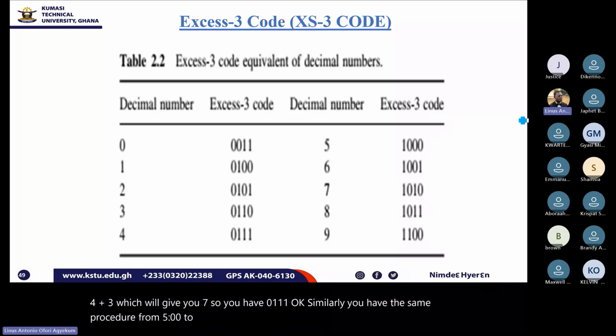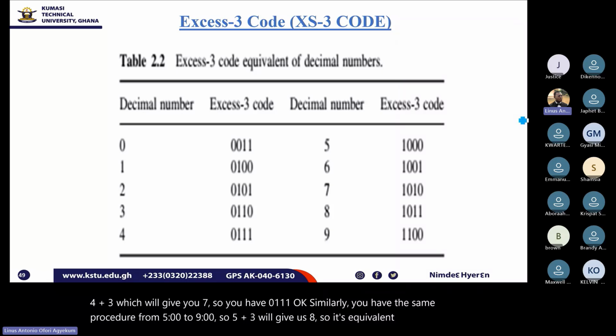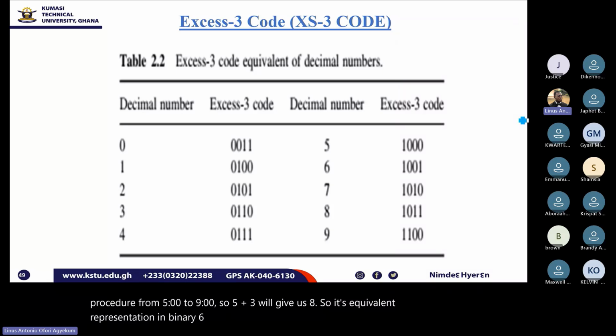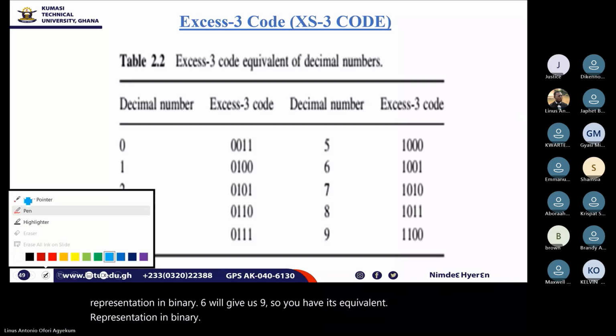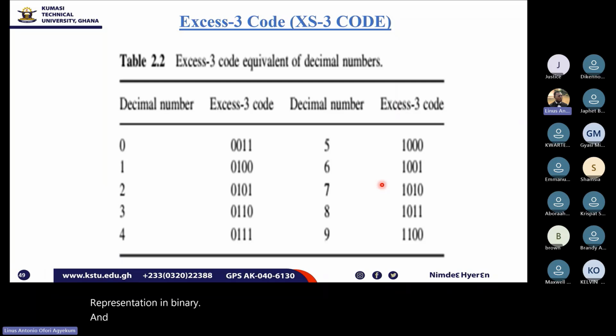Okay. Similarly, you have the same procedure from 5 to 9. So 5 plus 3 will give us 8, so you have its equivalent representation in binary. 6 will give us 9, so you have its equivalent representation in binary, and that will basically be 1001. 7 would now become 10. So you have 1010. 8 will now become 11.